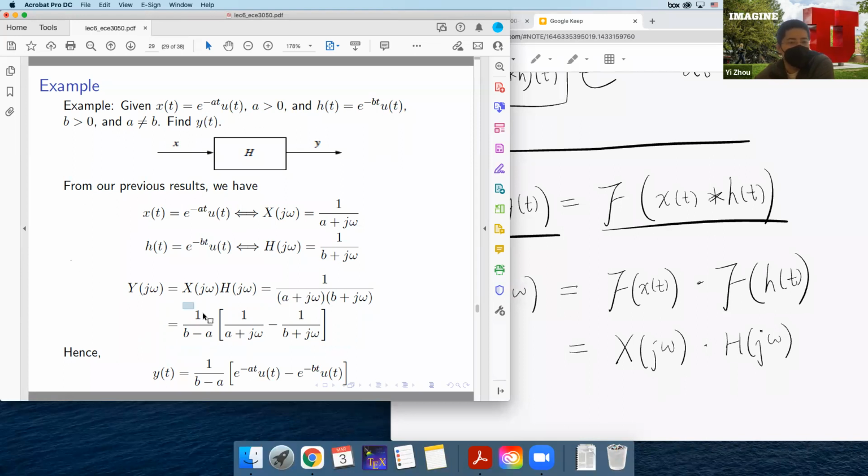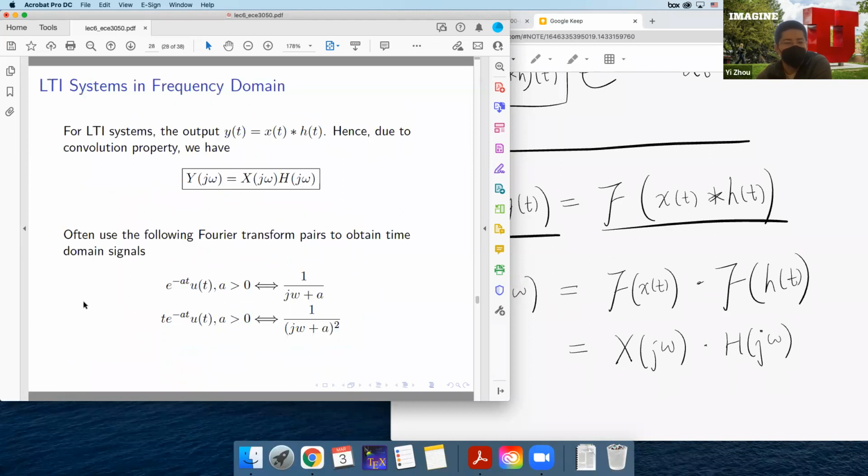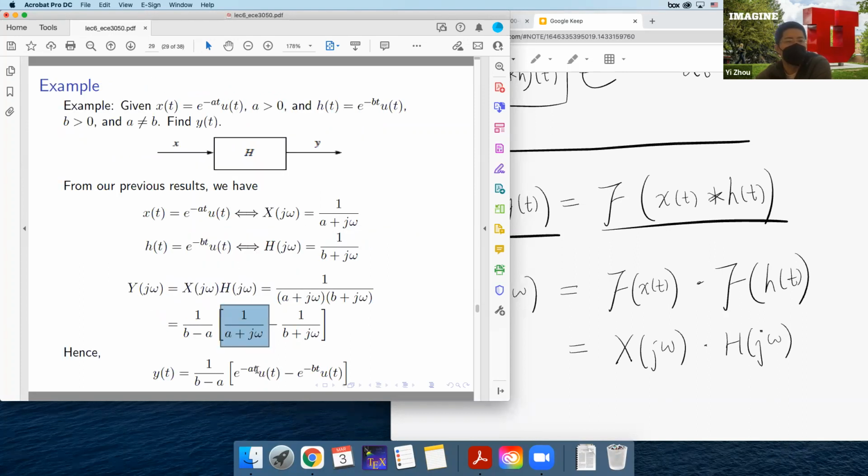And then if you look at each of them, the inverse Fourier transform for each is relatively easy, because you can see from this table that this spectrum is paired with such a signal. So if you start with this spectrum, you can directly end up with this signal. Following this table, this signal's corresponding inverse transform is given by this exponential signal.